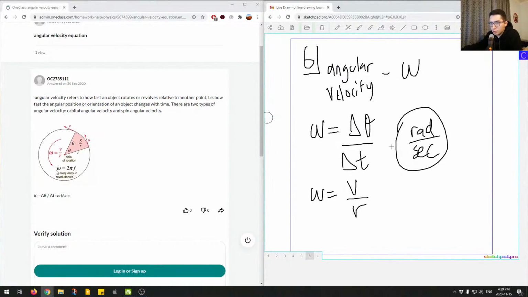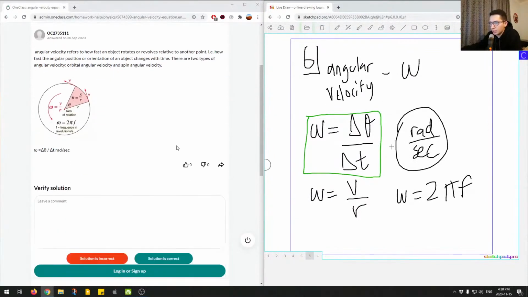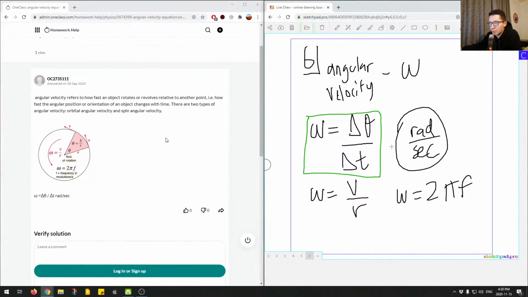Frequency is revolutions per second, so angular velocity can also be 2 pi f, frequency. This often depends on how the question is phrased, what the givens are, and so on, but usually when I think about angular velocity, this is the main equation I think about. It gives you what it truly means.